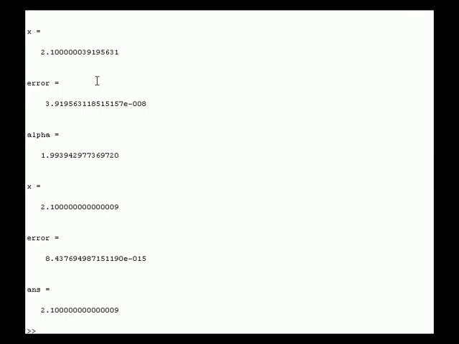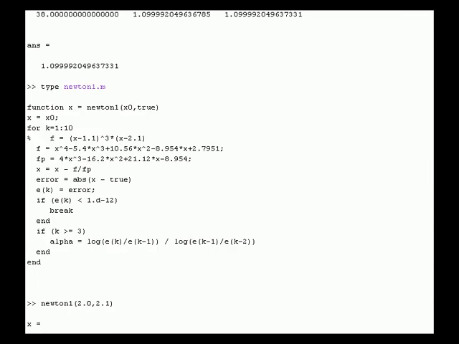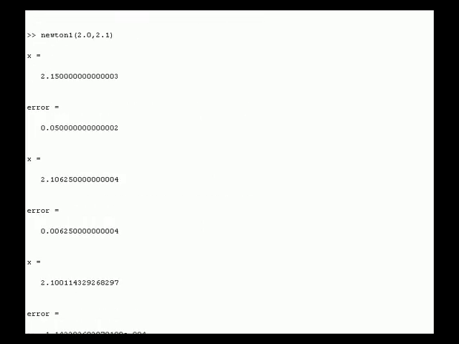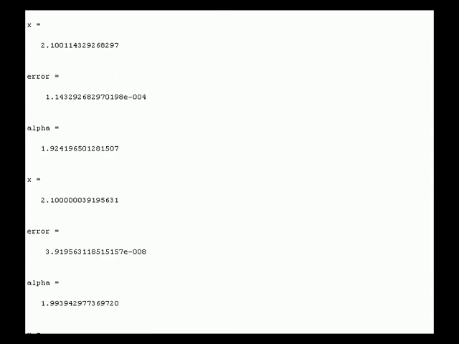And it converges quite fast. We're only doing a maximum of 10 iterations. It's already down to an error of 10 to the minus 8 after 4 or 5 iterations.